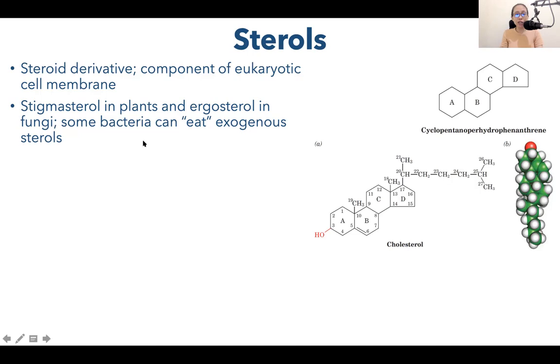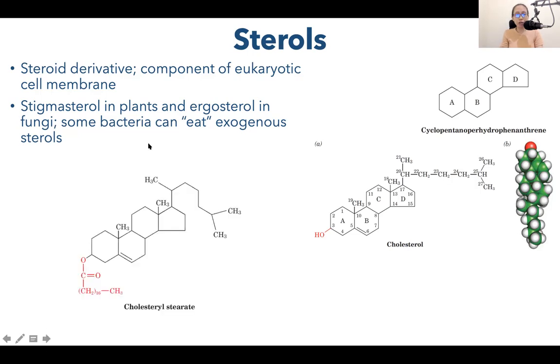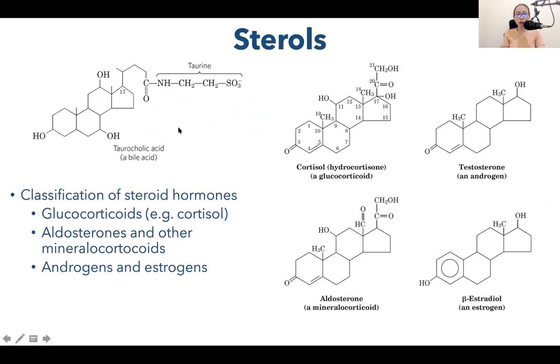Aside from that, your sterols also have other functions. So some sterols can have fatty acids attached to them. So mas mahaba pa yung structure nila than your cholesterol. Some are part of your digestive system, like this cholic acid, which is a component of your bile acid. So, di ba, this helps in the digestion of fats from the food that you eat.